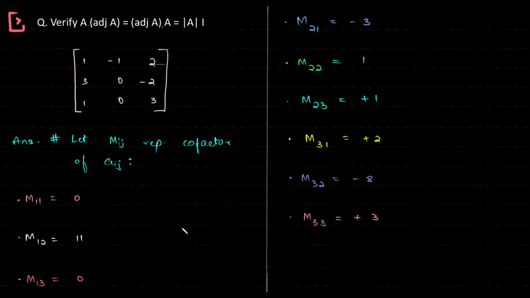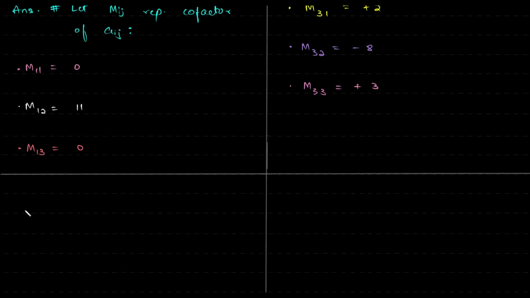Okay, and now I'm going to write your adjoint of A, which will be the 3 by 3 matrix which I need to transpose. So first I'll write the values. 0, let me change the color, and I should have made this a bit bigger.